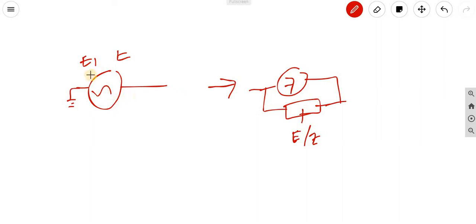Or suppose the internal voltage E is there, now it is converted into E by Z, and it is connected to the bus. This way we can present it.